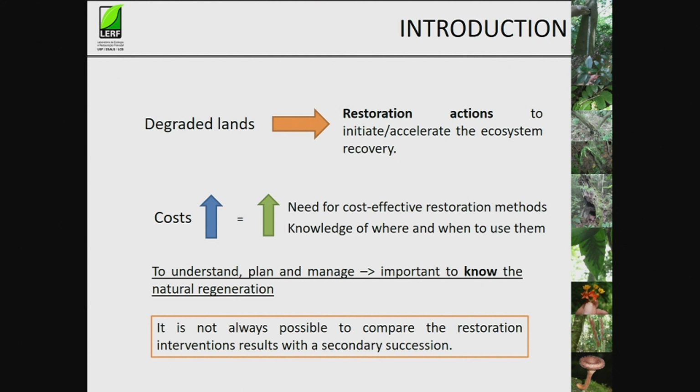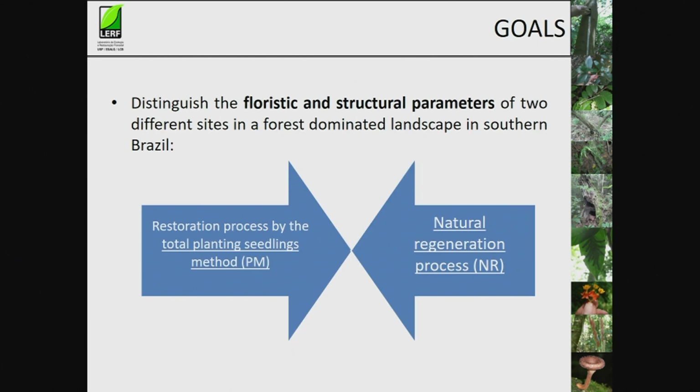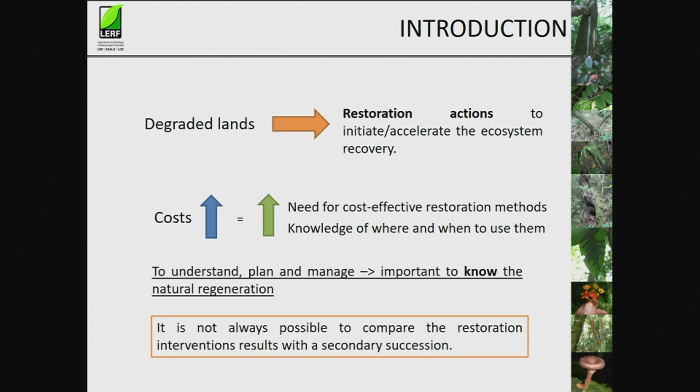Well, restoration actions in general are applied to initiate or accelerate the recovery of degraded lands, and as the costs are high, the need for cost-effective restoration actions increases, as does the knowledge of when and where to use them.